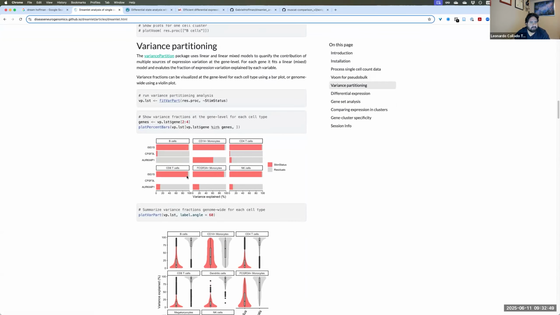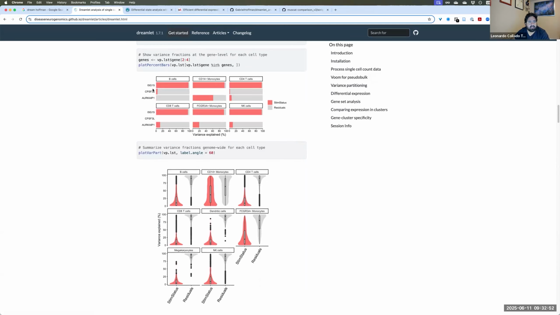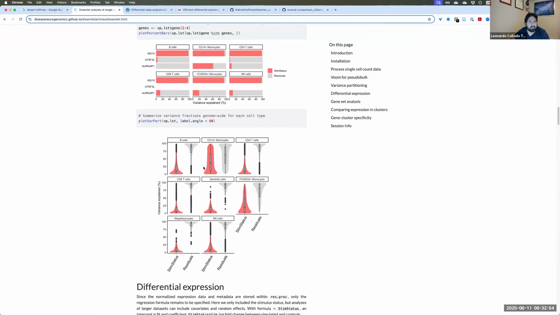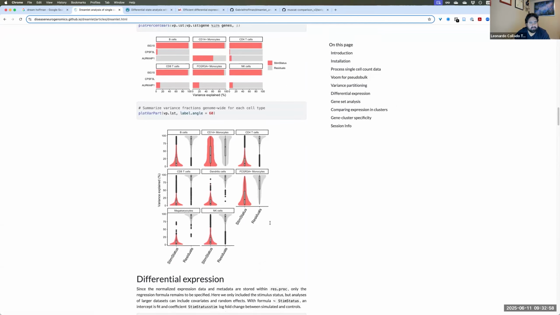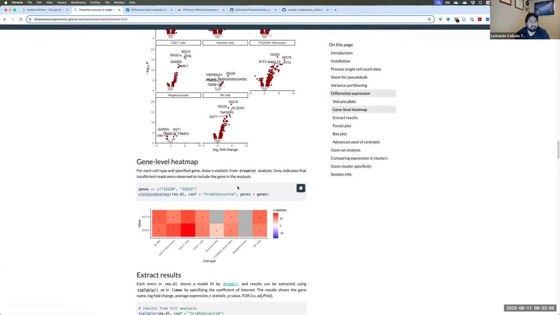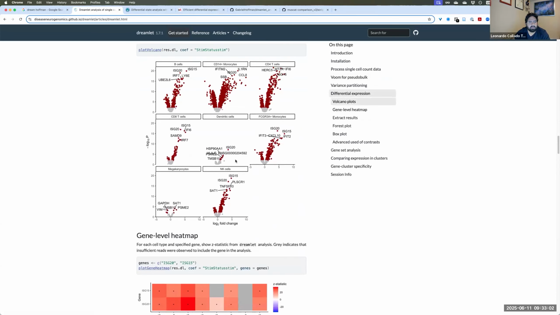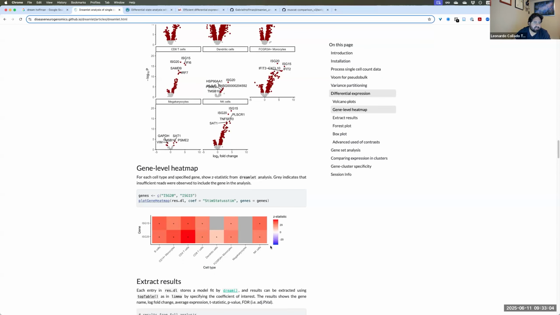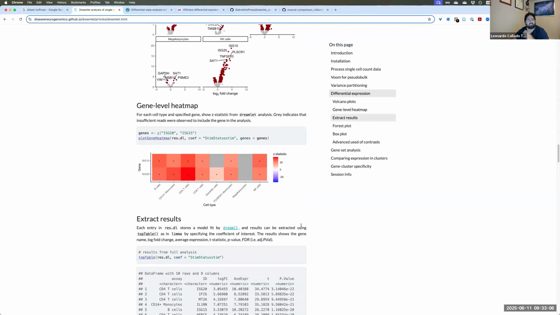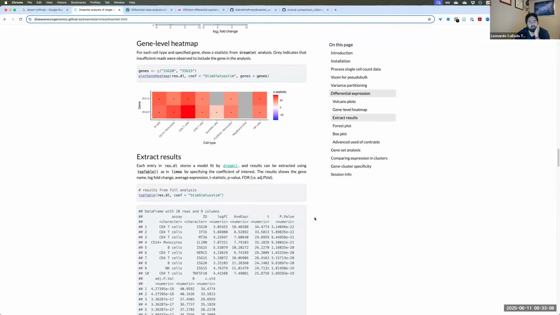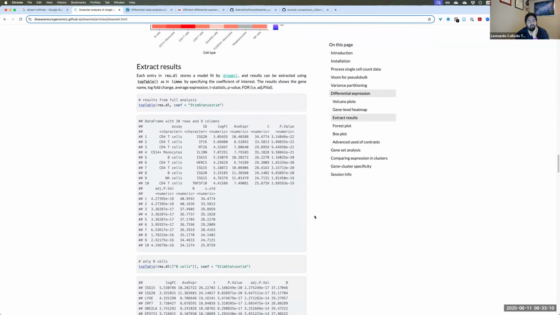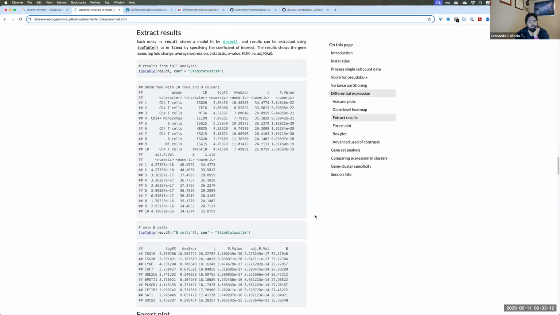We want to look at variance partition per cell type, either the top genes or these violin plots that we're used to. Later on, once you have the results, you can also make these volcano plots. Pretty nice if you want to summarize things as a heat map. So the Dreamlet package implements a lot of nice tools for testing things.